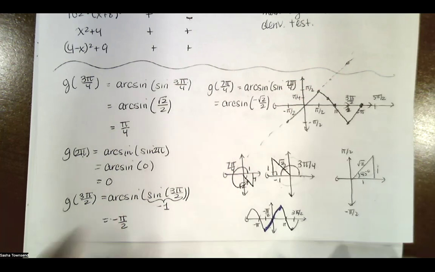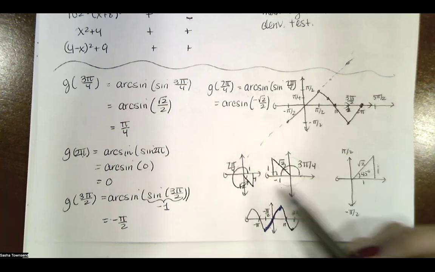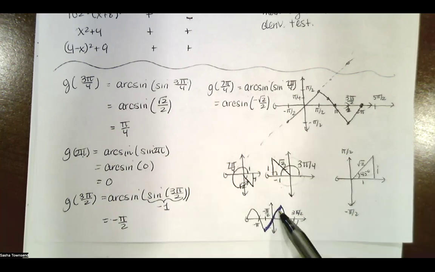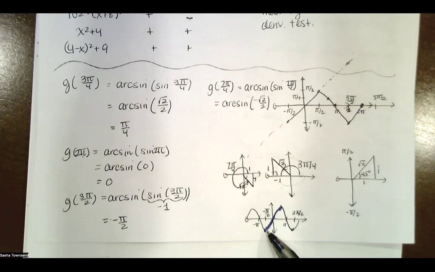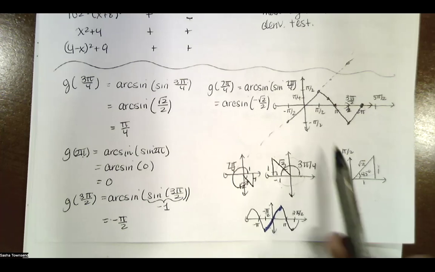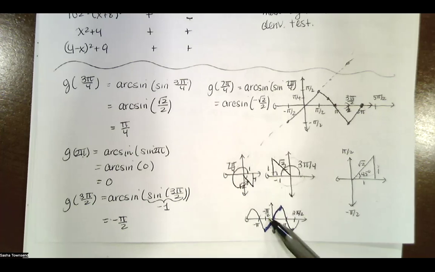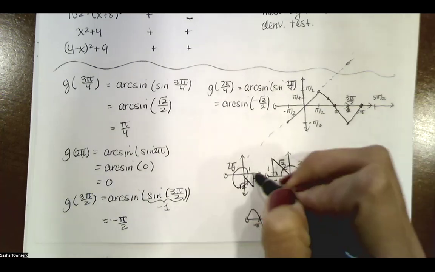And then I say to myself, okay, I don't want that 7 pi over 4. I want an angle between negative pi over 2 and pi over 2. What is the angle between negative pi over 2 and pi over 2 that gives me that sine value? That sine value comes from x equals negative pi over 4. You might say, well, is that the same picture? It is, except I didn't get there in the same way.